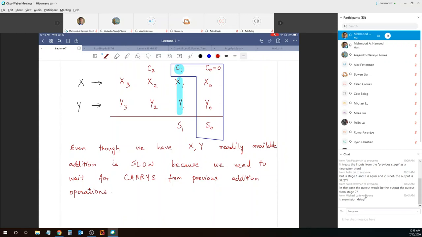I wouldn't call it transmission delay because we are not trying to transmit the bits. We are just adding the bits, right? So there is a delay, and that delay has to do with how this adder is constructed. This adder is constructed based on a Ripple-carry addition format.